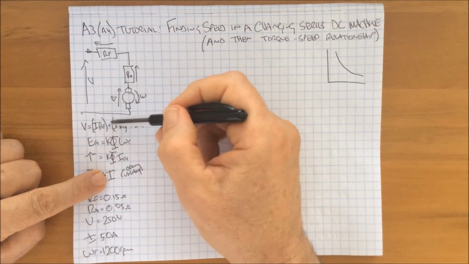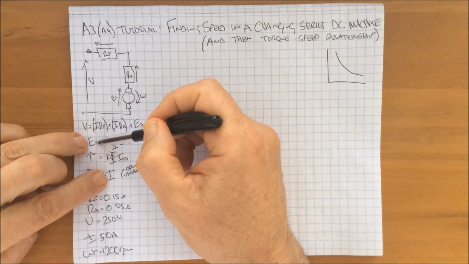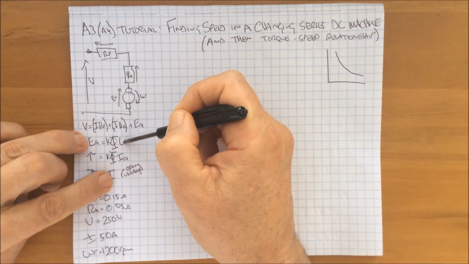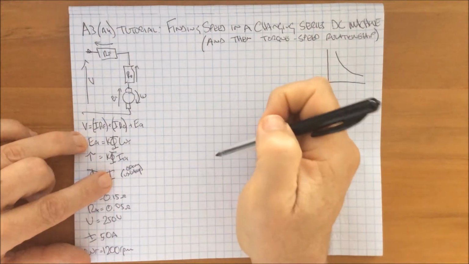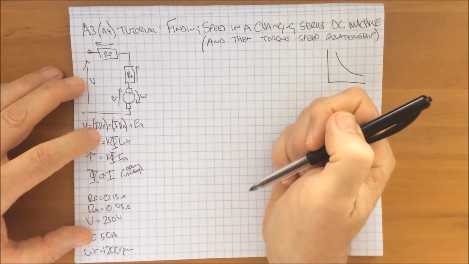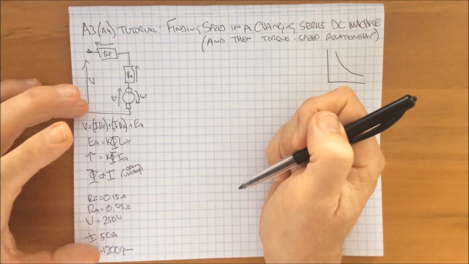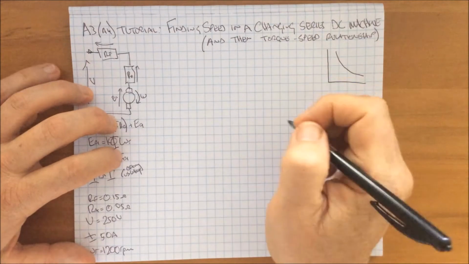So if this goes up, then this has got to go down. The back EMF goes down and the current and the flux goes up. What happens to the speed? That's what we're going to go through and find out. The easiest way of approaching this is to solve for the current situation, and then we'll change, if you'll excuse the pun, and do some changes. So let's go.